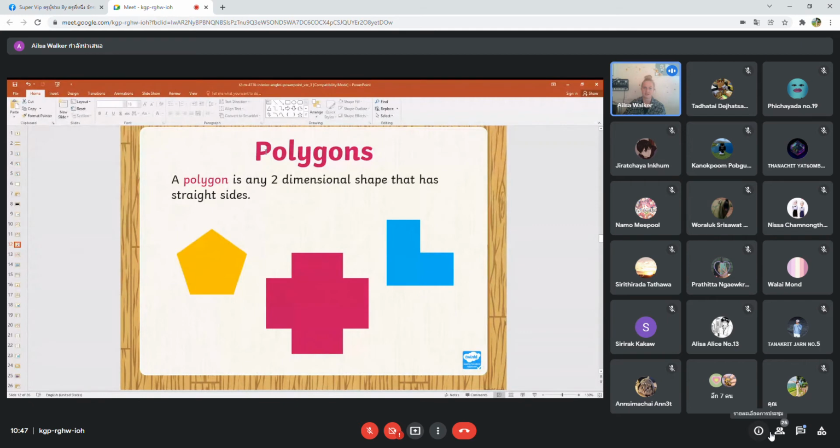Now, I said this word before at the beginning. Do you remember how to say it? Yeah, I'll help you. Polygon. Polygons. Yeah, polygon. Good. And a polygon is any two-dimensional, any 2D shape that has straight sides. We call it a polygon, okay?